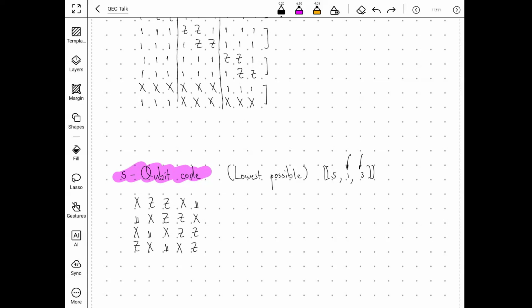The shortest code that can fix all the three possible errors that act on one single qubit, right? Yes, shortest code. But it depends on the number 3, right? If it changed to other numbers, then it may change. It wouldn't be 5 anymore.